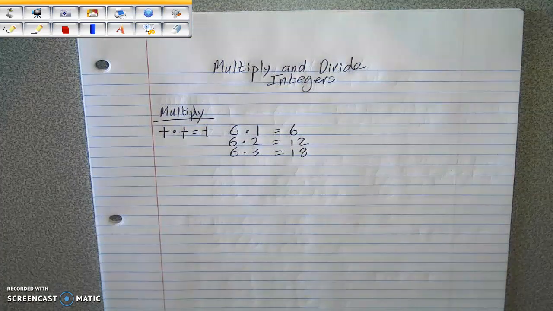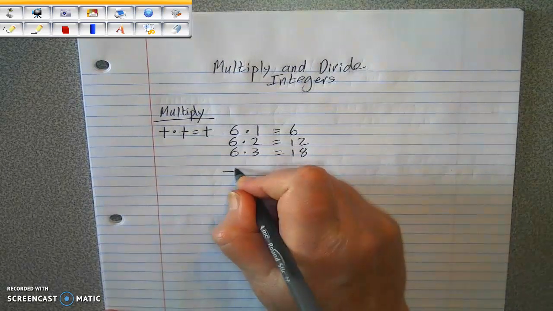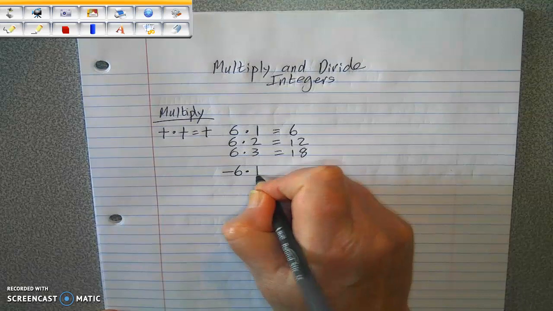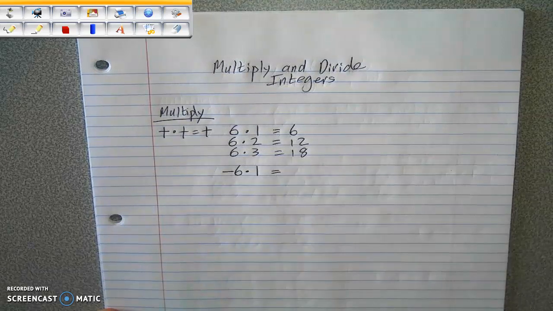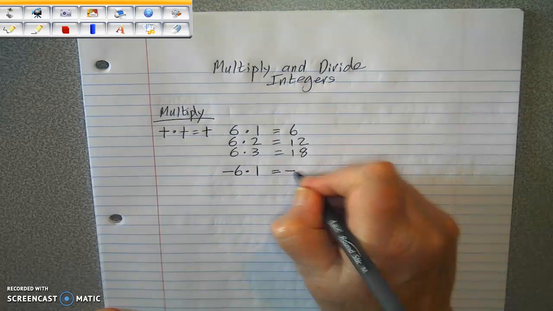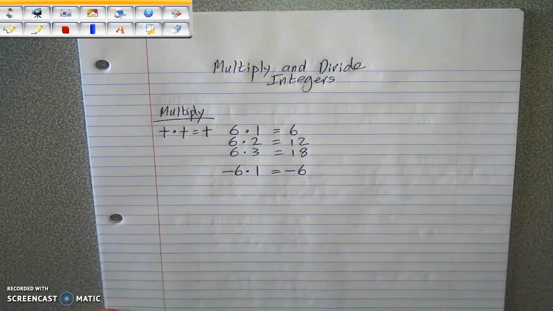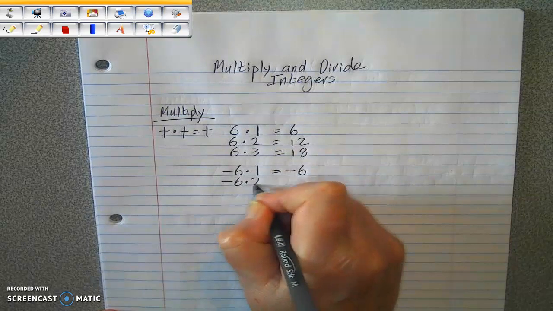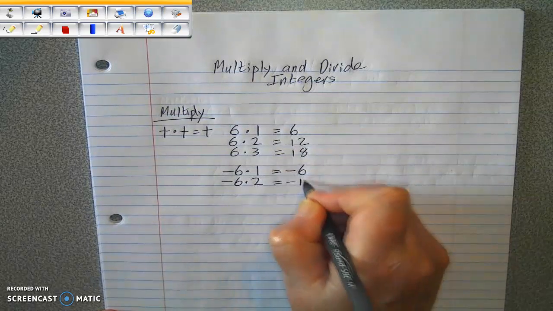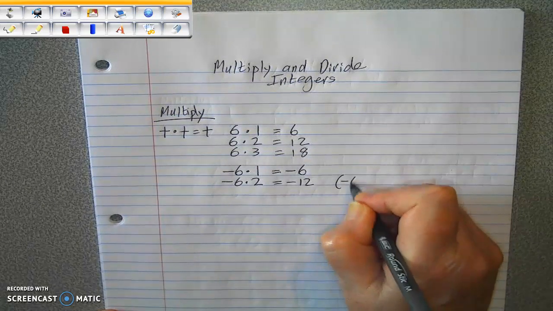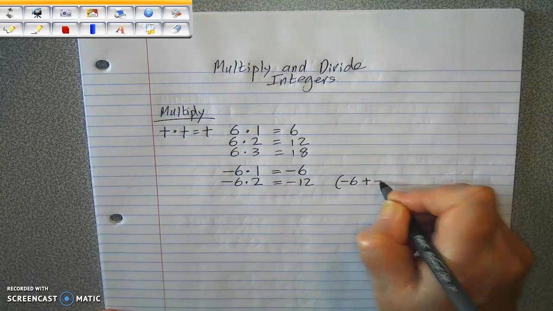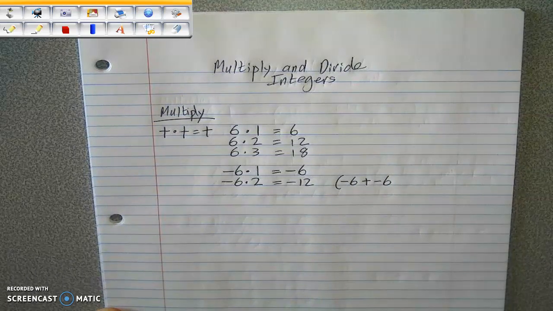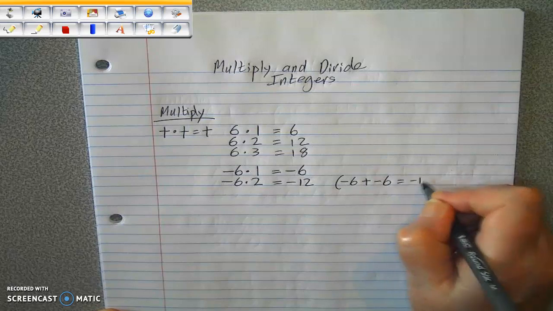Now, how about when we multiply a negative number by a positive number? If we were to take -6 and multiply it by a positive 1, any number times 1 is that number. So it follows that -6 times 2 would be -12, and you can relate that back to addition by saying -6 plus -6 would be -12.